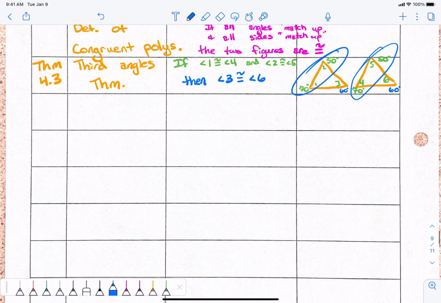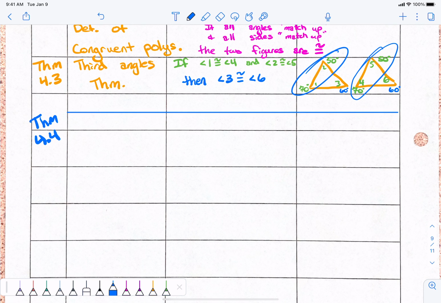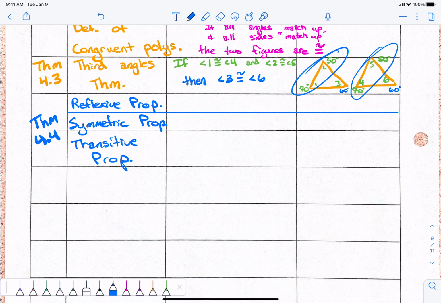I'm going to split this in half, and we'll do the reflexive property, the symmetric property, and the transitive property. I'm just going to write these down, and the reflexive property is not going to make sense until we do this next proof, and I'll show you what that looks like.